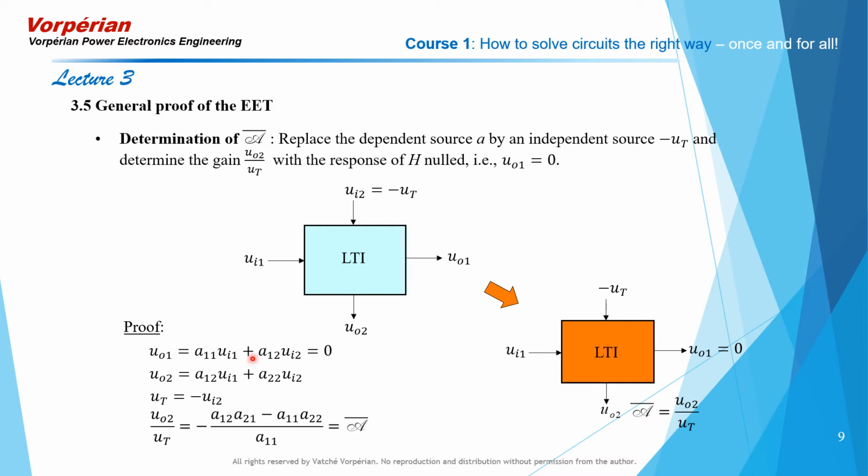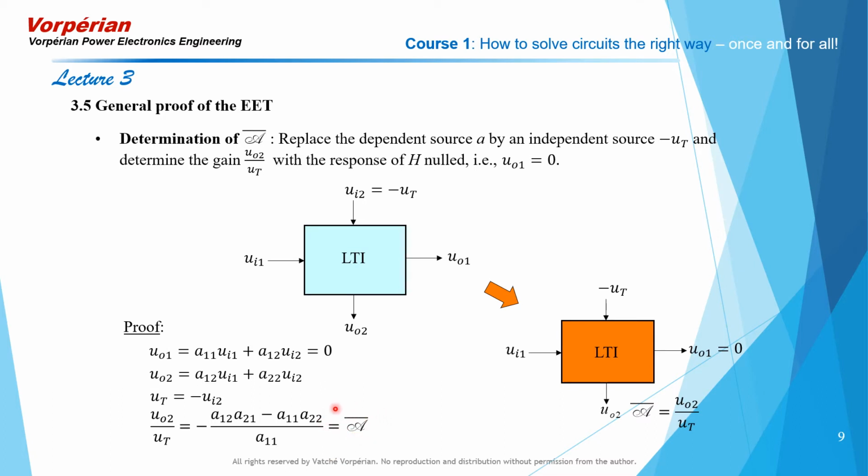When you do that and you solve the ratio of output 2 to ut from these three equations, you see that it turns out to be equal to this massive relationship between the coefficients a12, a21, a11, a22 divided by a11. That turns out to be, we defined this as a script a bar, the null inverse gain.